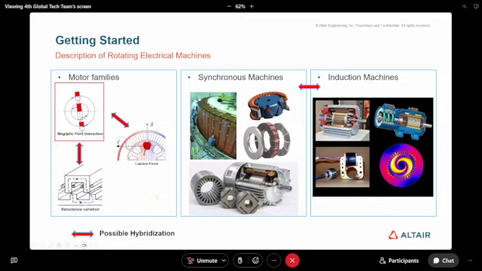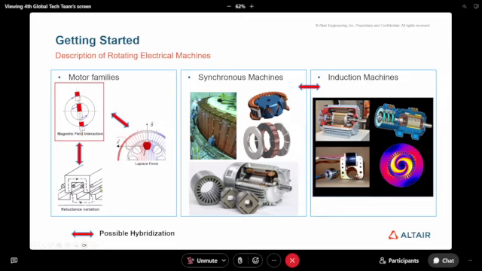Our focus is actually mainly on this family, where we have magnetic field on the rotor and magnetic field on the stator, and here the interaction between the stator and the rotor.